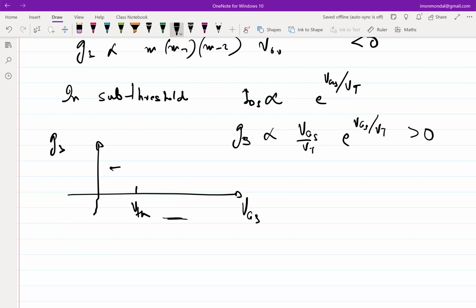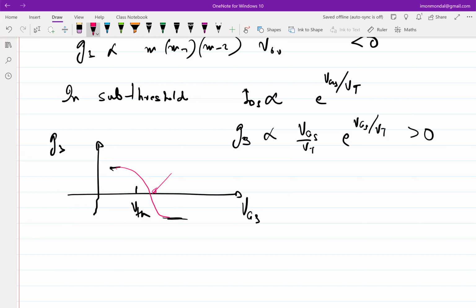So when you go from subthreshold to inversion and move into saturation, somewhere it has gone from positive to negative. I don't know where, but there is a zero crossing somewhere. That's the important observation. If you can bias your transistor at that zero crossing of G3, the sweet point of V overdrive for which G3 is equal to 0, you are not going to get any third order distortion.